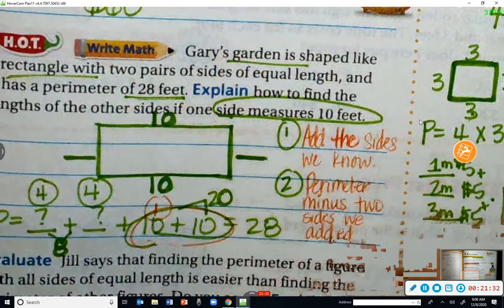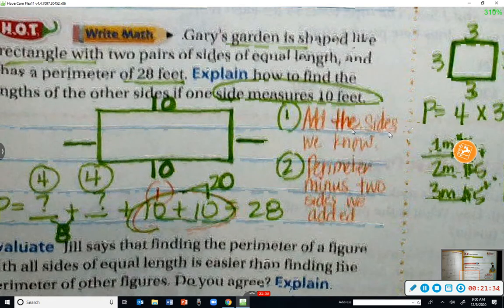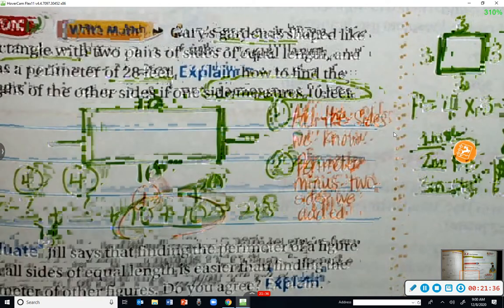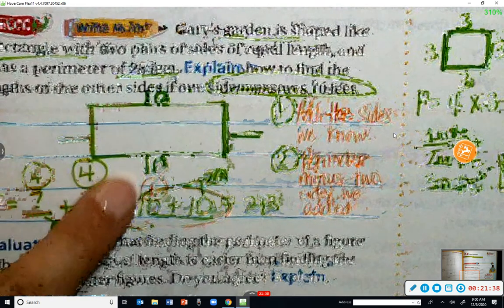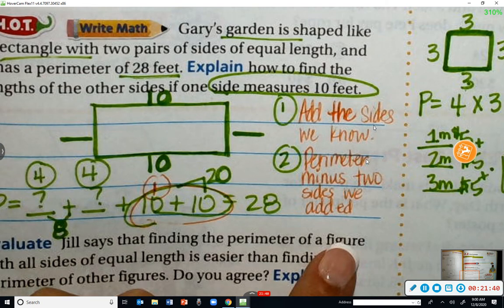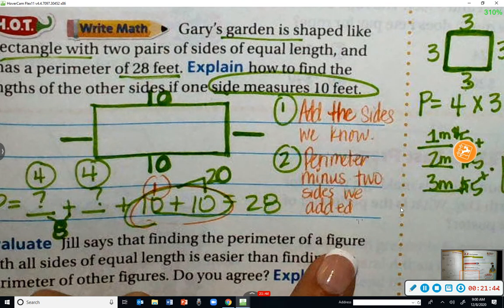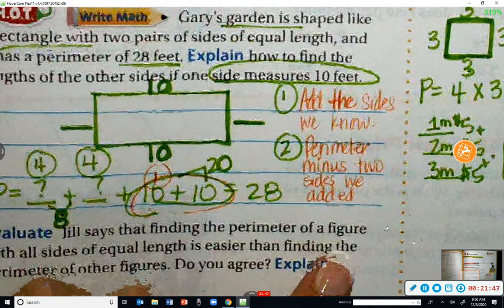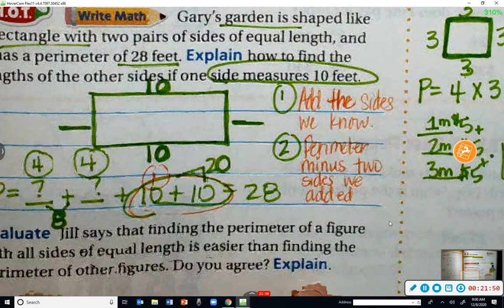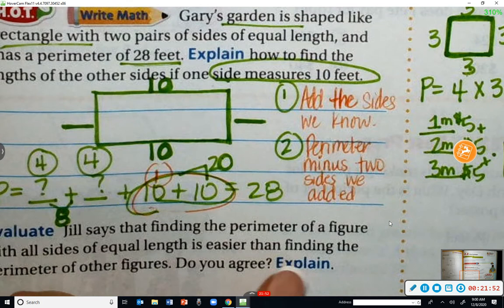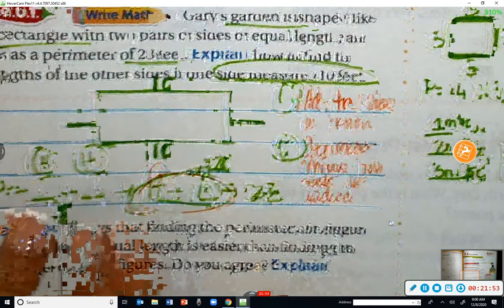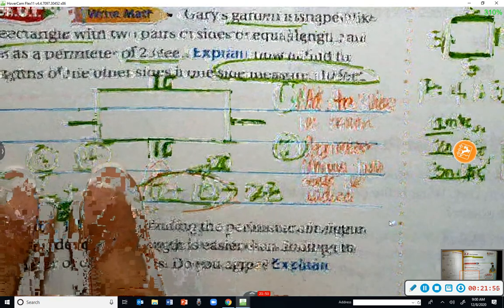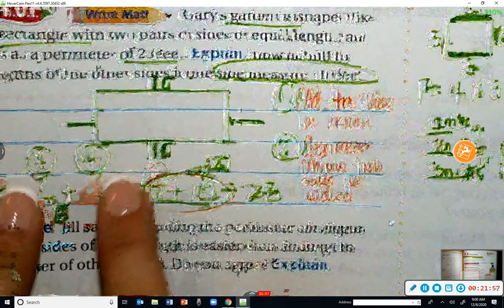Okay, can I read that? I know I'm trying to squeeze it all in. First, we add the sides we know, which was 10 plus 10. Second thing, we did the perimeter minus the 2 sides we added. 28 minus 20. And we said it was 8, right? And then what did we do at the very end? We took this 8 and did what with it? We added it.